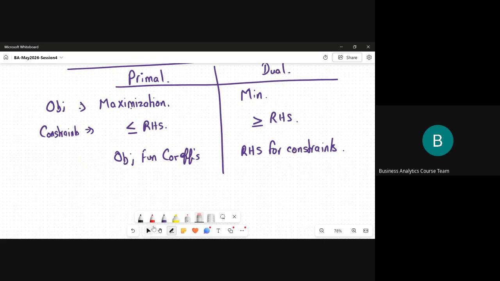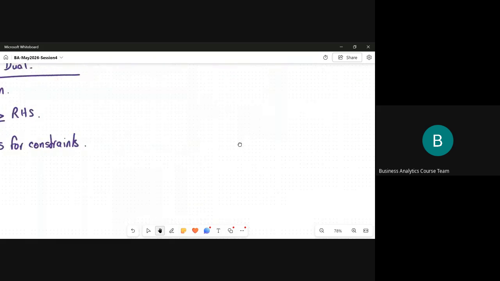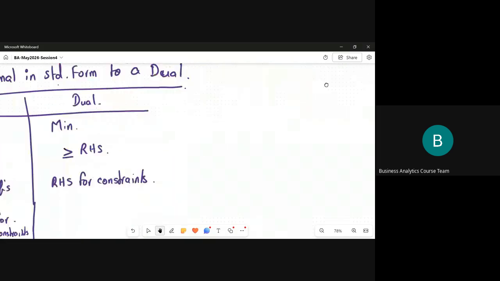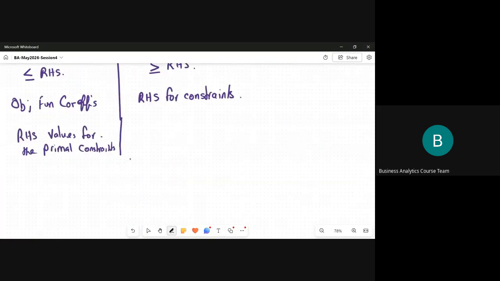And then the RHS values for the primal constraints, these values 24, 6, these two values, they will become what?